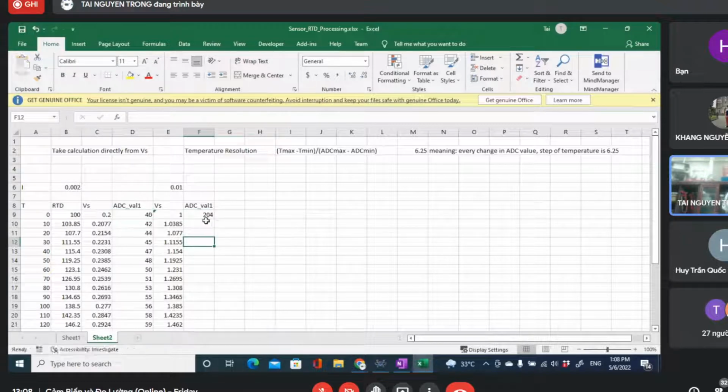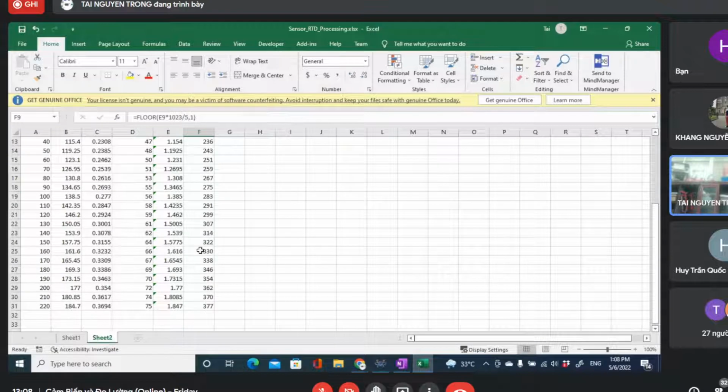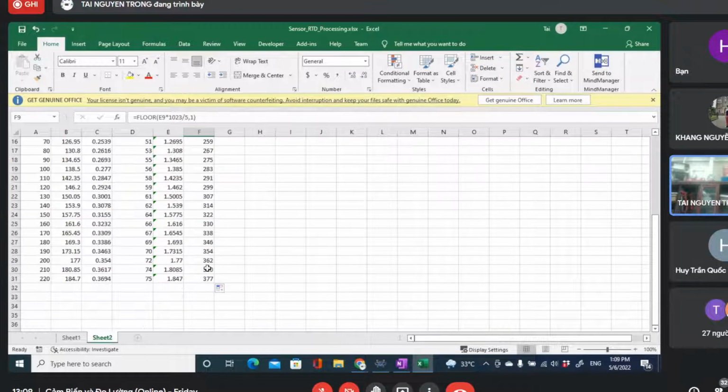Okay, this can go from this one to this one, from 20 and 4 to 377. In this case, the maximum is this one.